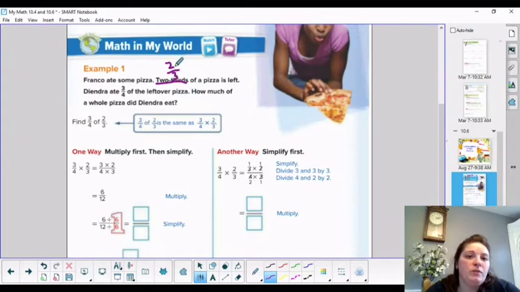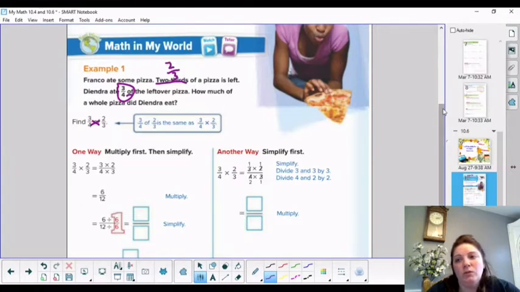So there's 2/3 of a pizza, and Deandra ate 3/4 of that pizza. So she ate part of 2/3. See how we have that word of again? We're taking a part of something. So that indicates that when we take a part of an amount, we multiply it.